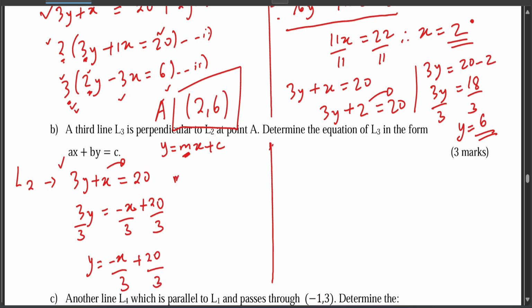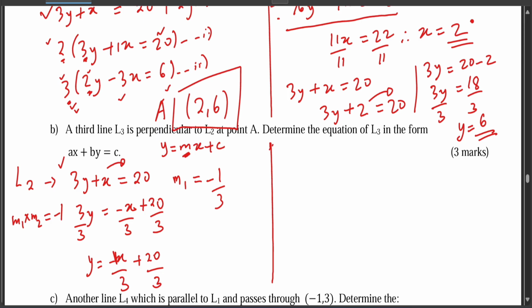So m yako hapa which is m1 is negative 1 over 3. Ile coefficient ambayo iko nyuma ya x ni negative 1. Ile negative 1 haionyeshi, huwa yafichwa. So ni negative 1 over 3. So since L2 is perpendicular to L3, we say that m1 times m2 is equal to negative 1.